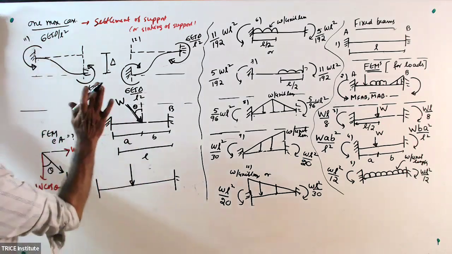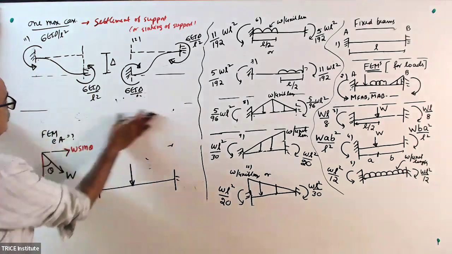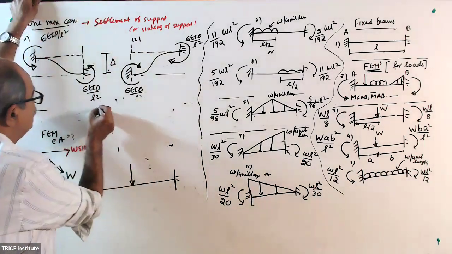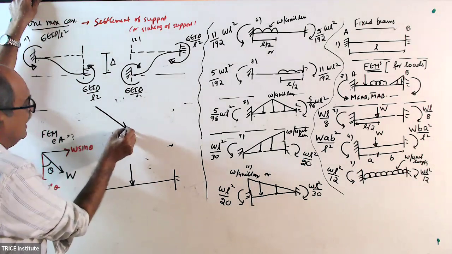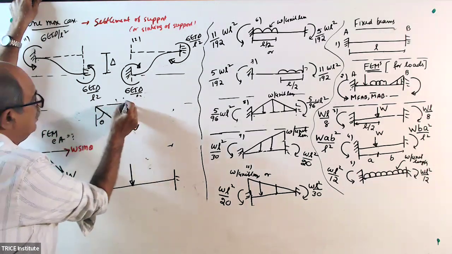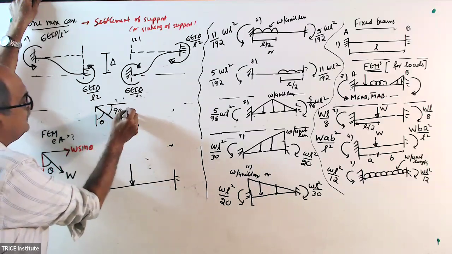But remember, in the class I told you to always consider angle with horizontal. Okay, that also will do. They told theta with vertical, so with horizontal it is 90 minus theta.